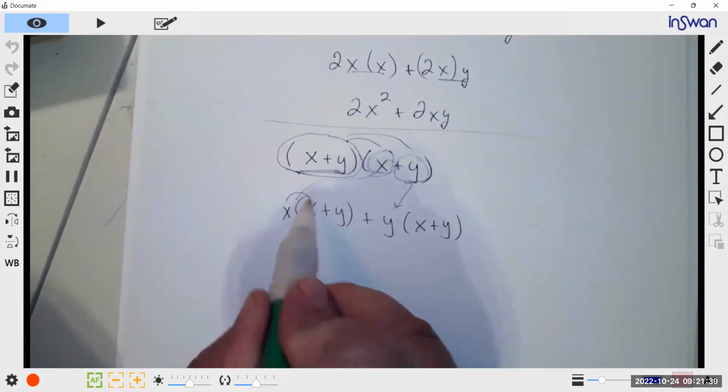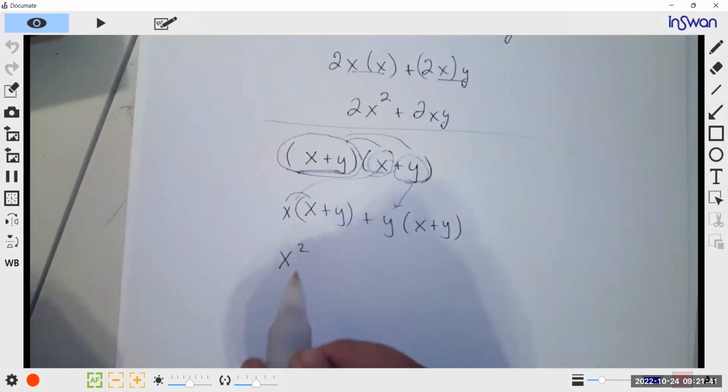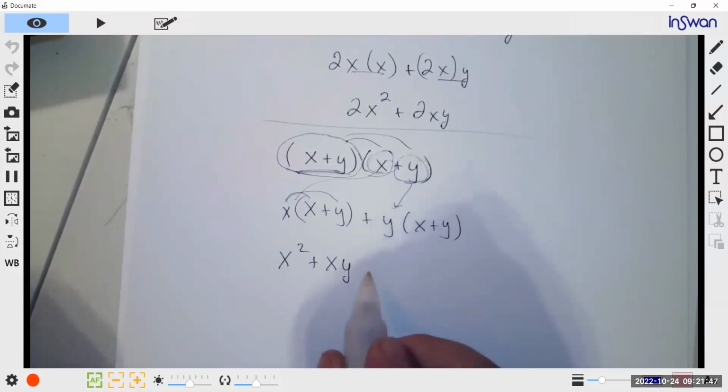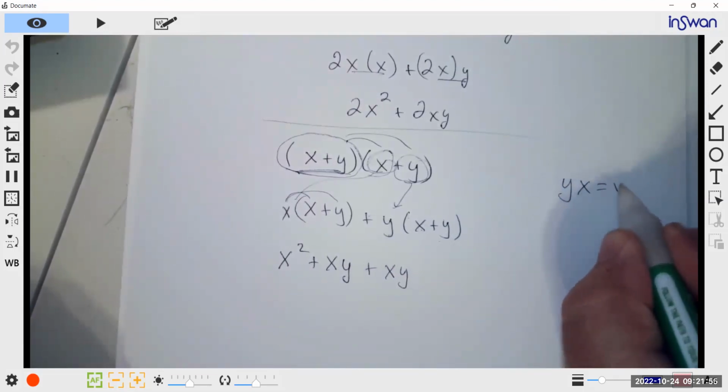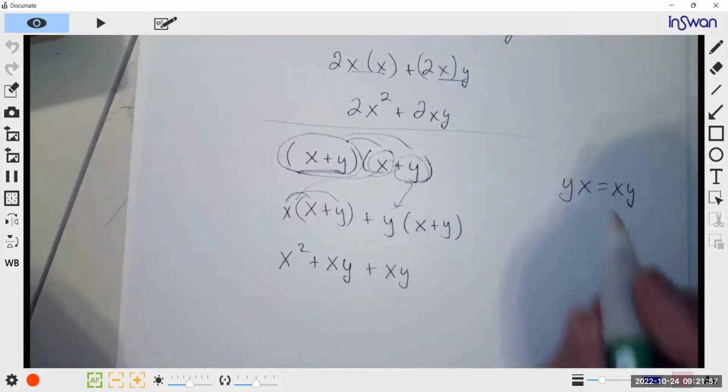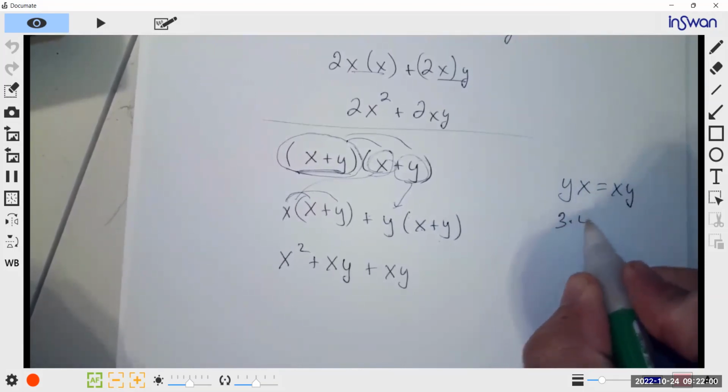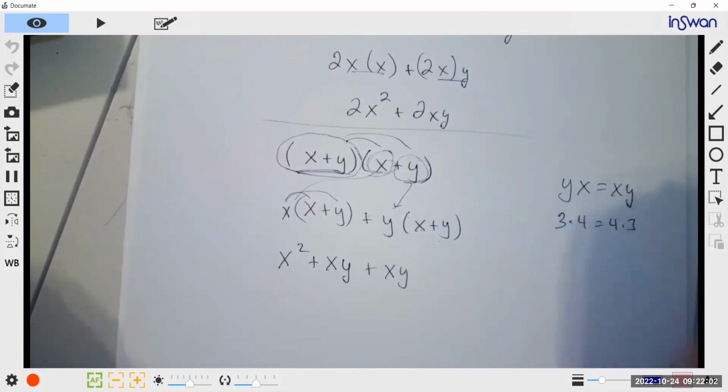So now, do it again. X times x is x squared. X times y is xy. Positive, positive is positive. Y times x is the same thing as xy. Yx is the same thing as xy because of commutativity. 3 times 4 is the same thing as 4 times 3.